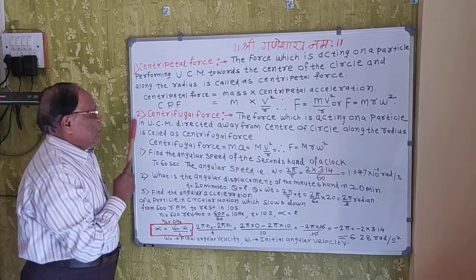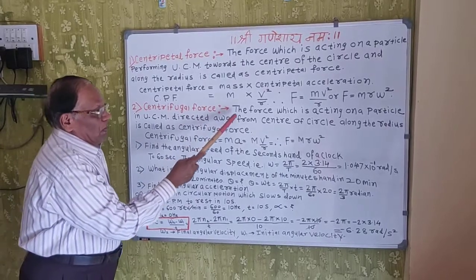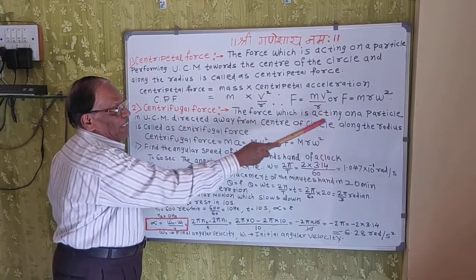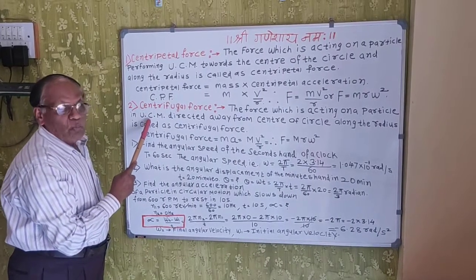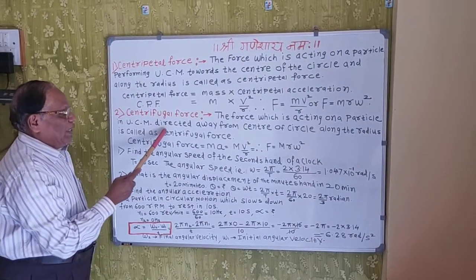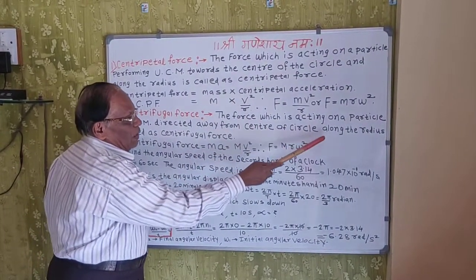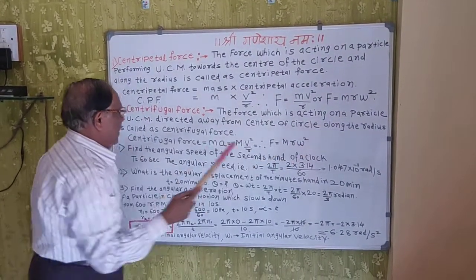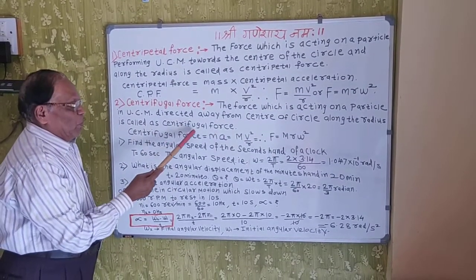After that we are going to study centrifugal force: the force which is acting on a particle in uniform circular motion directed away from the center of the circle along the radius is called as centrifugal force.